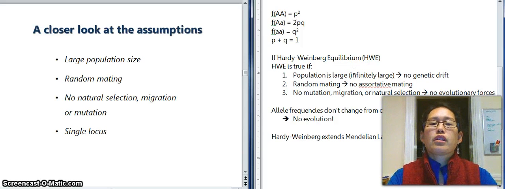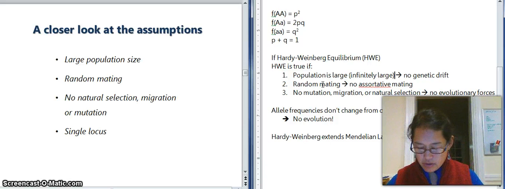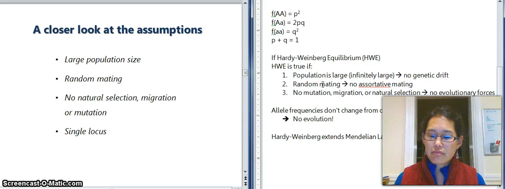Okay, random mating. What this question is about is also about mating, but it's also about probabilities of gametes pairing together.